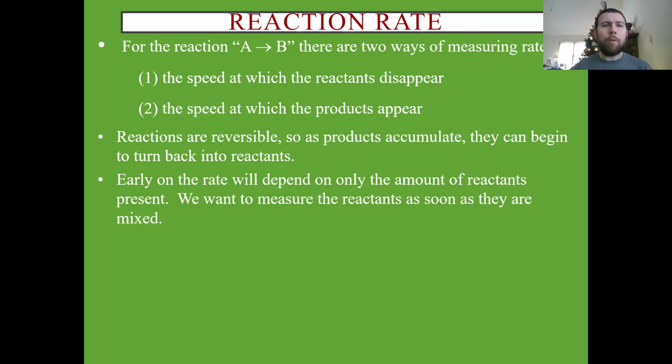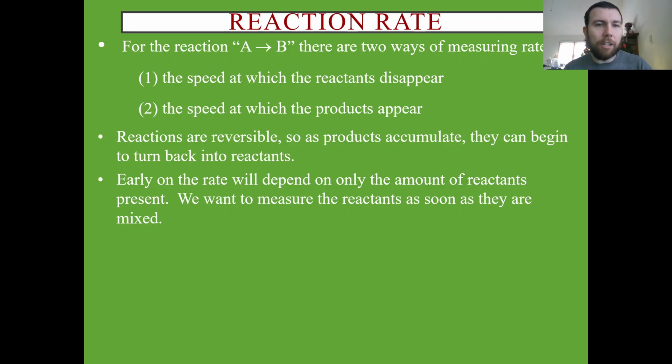Okay, now as we look at reaction rates, it's important to recognize that early on in the process, because you're starting, let's say, with reactant A, we have no B, so the rate is only going to be dependent on the amount of reactants present. And so it's going to be imperative, even for chemists, that when they're measuring reaction rate, they want to get a measure of the reactants as soon as they are mixed together.